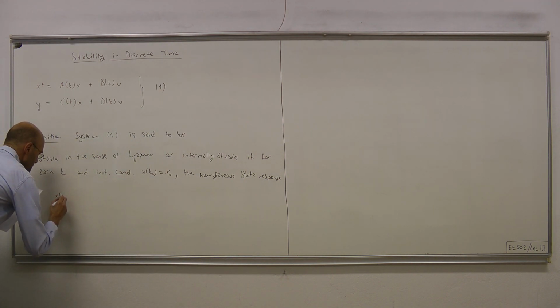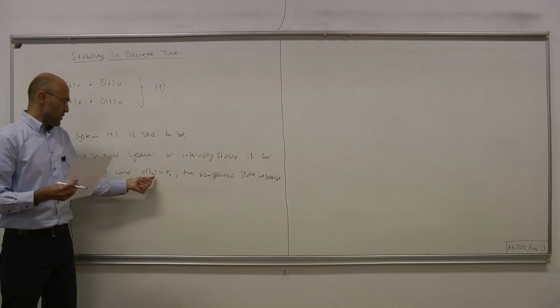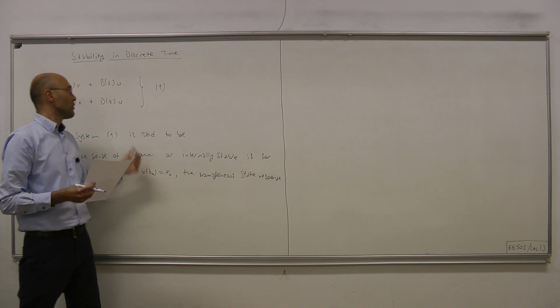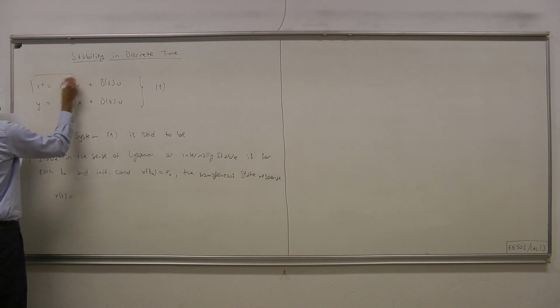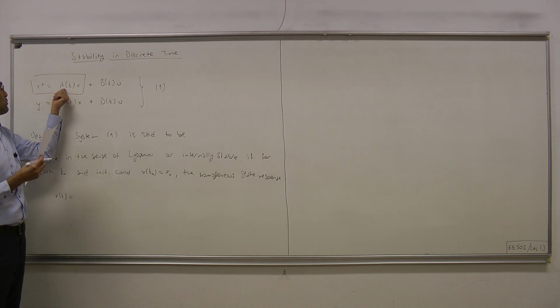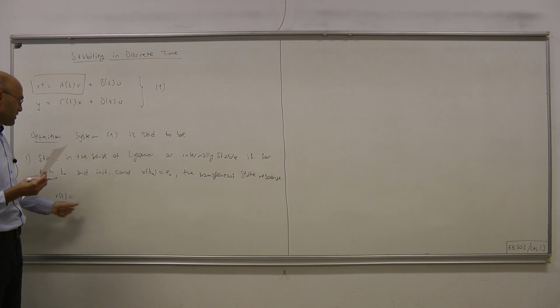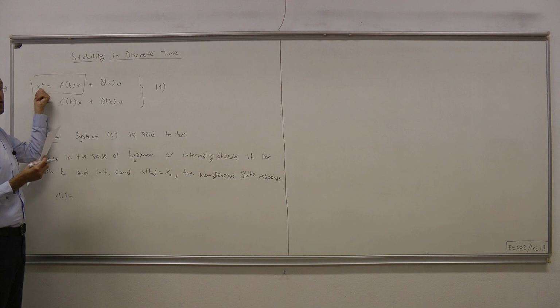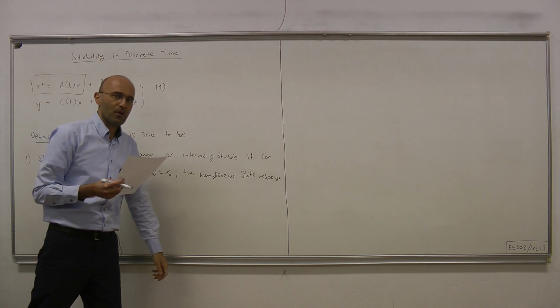So x of k equals, this is our initial time k0, and we consider the no input case. So we're dealing with this part: x at the next time instant equals A_k times x of k. We start at k0. At k0 plus 1, the value of the state is A(k0) times x(k0).